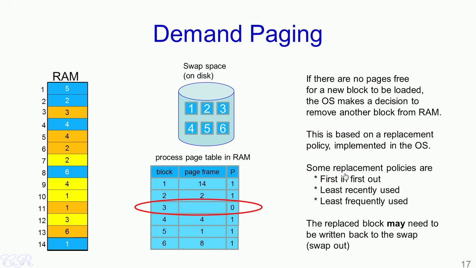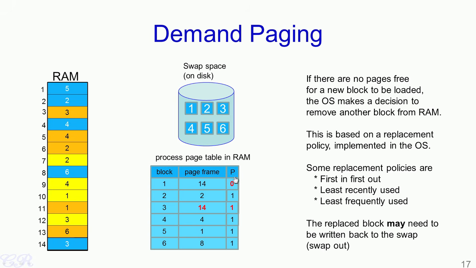These are known as page replacement algorithms, and there are quite a few choices, such as first in first out, least recently used or least frequently used. Based on the decision that the replacement algorithm makes, the OS would swap out a block from the RAM and replace it with the third block that was recently accessed.